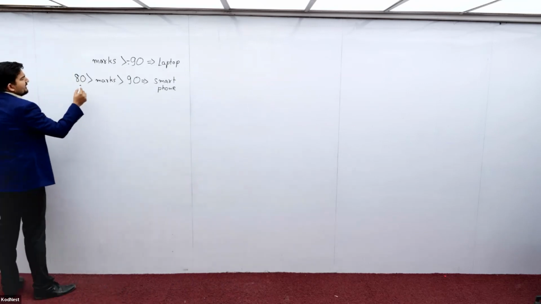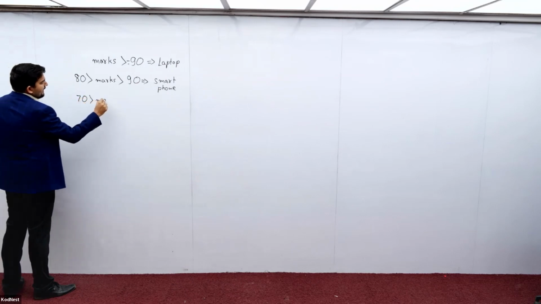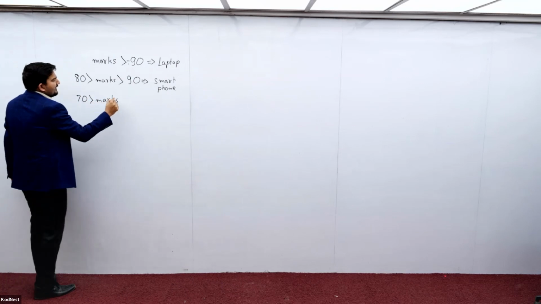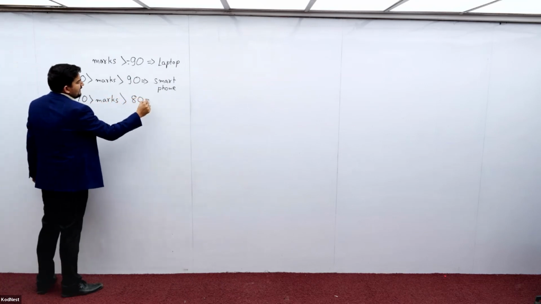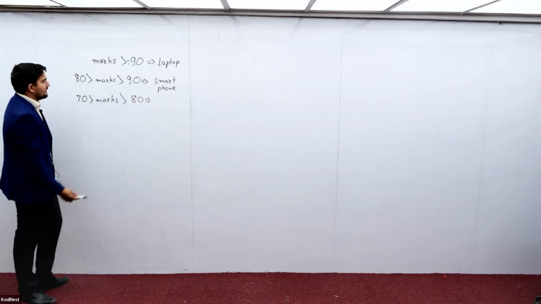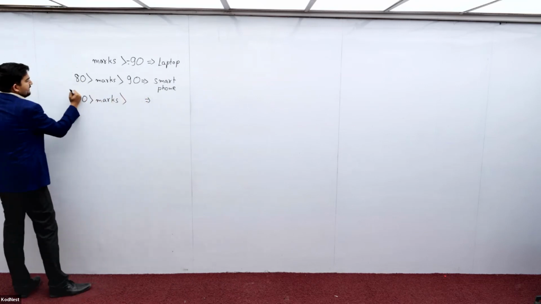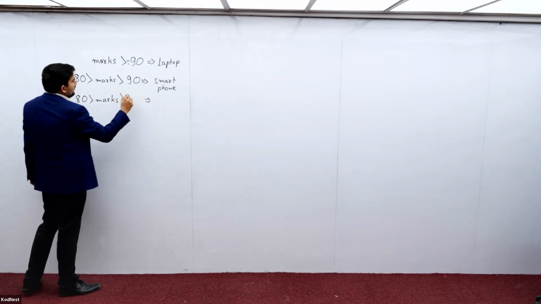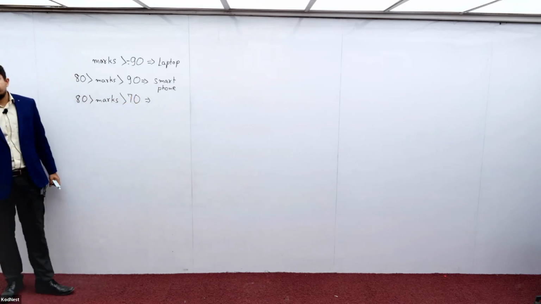The deal is that you have got more than 70%, but somewhere less than 80% of the marks. Less than 80%, but more than 70% of the marks. Now fine.